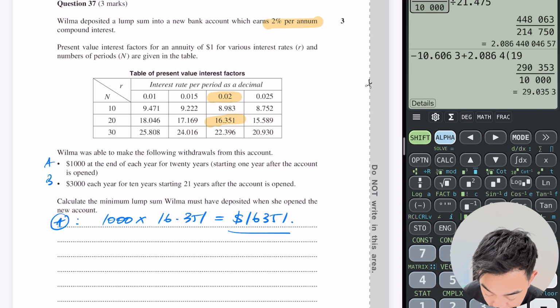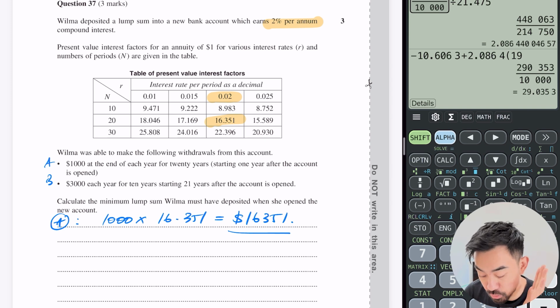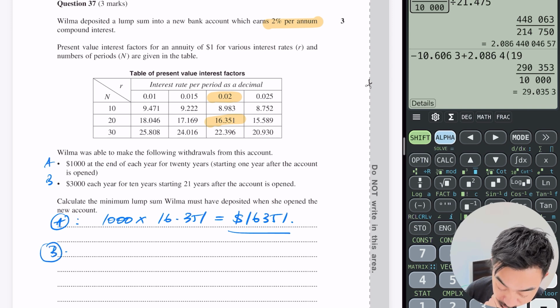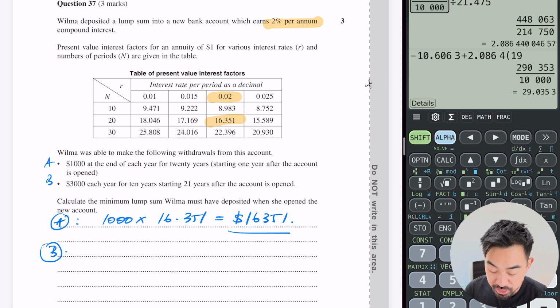But she also wants to take out $3,000 each year for 10 years starting at the 21st year. So what do we need to consider? For B, we need to think about how much she would have had to put in at the start if she wanted to have $3,000 each year for 10 years, going from the 21st to the 30th year.